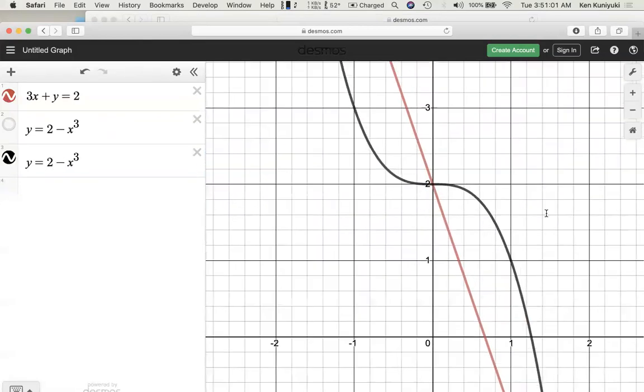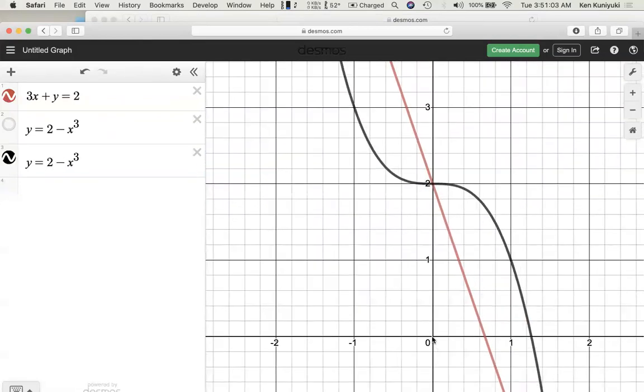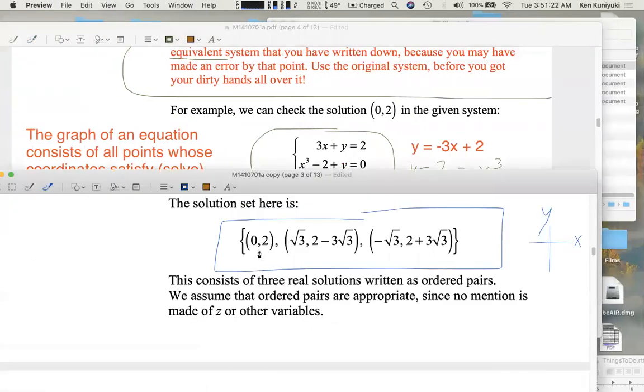And look at this. Instead of going through the origin, this point now goes through, hey, 0, 2. This is an intersection point between the two graphs. So if you remembered your graphing from chapters 0 and 1, you should be able to figure out that 0, 2 is a common point. It's an intersection point, and therefore it's going to be one of the 3 solutions we have here.